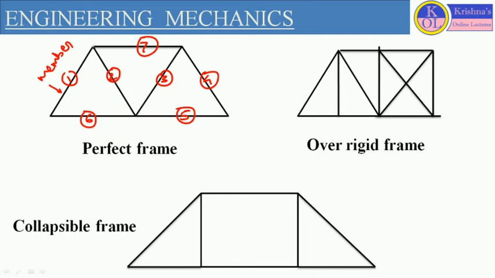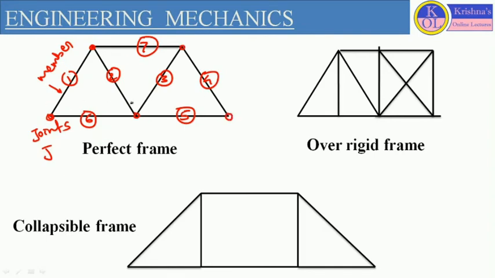Now each end of a member is joined with another member. Here we will use one type of joining method to join these members. These joining ends are called joints, and that is represented by j. So here we have a number of joints which are used to join the members.